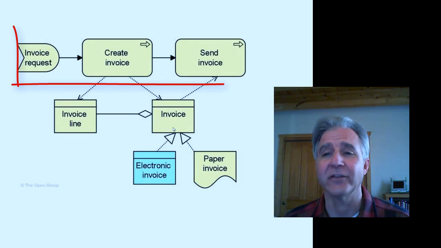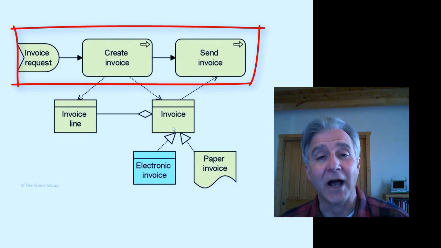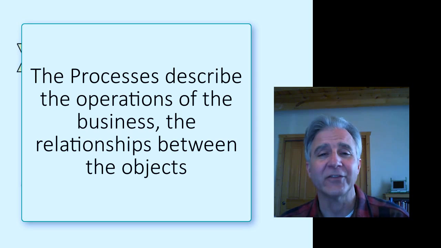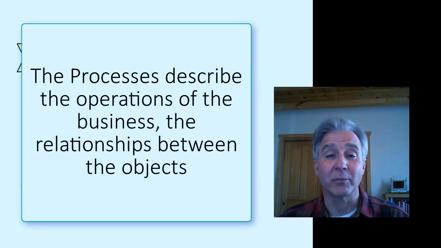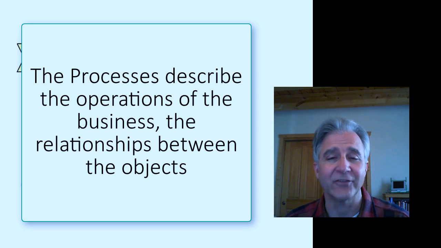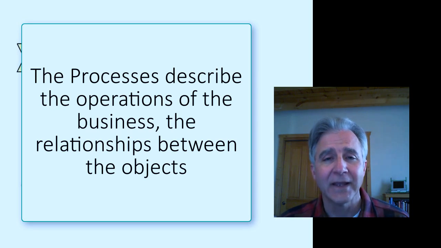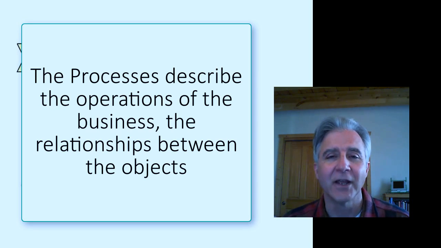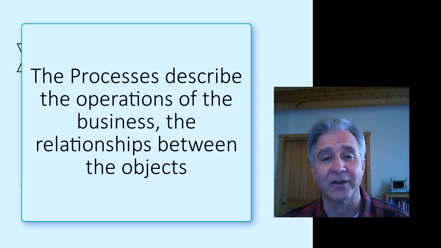Now, the processes are what describe the operations of the business. The processes describe the relationships between the objects. Just as the doors and windows establish the relationship between the rooms of the building, it's the processes that define the relationships between the objects that make up your business.